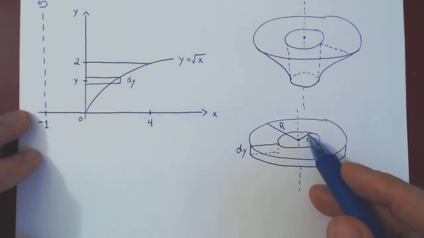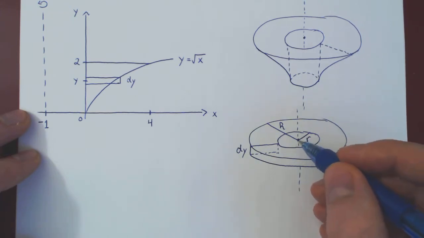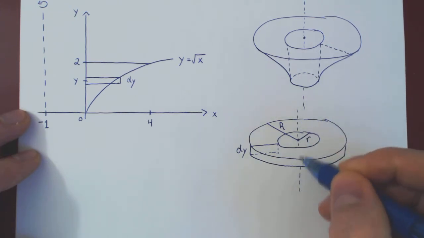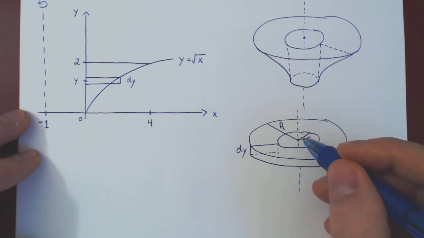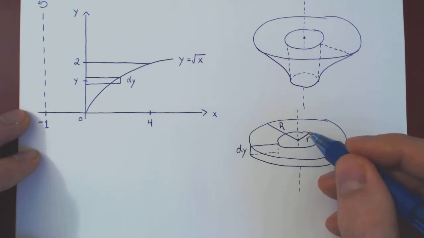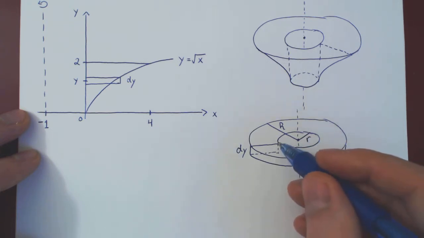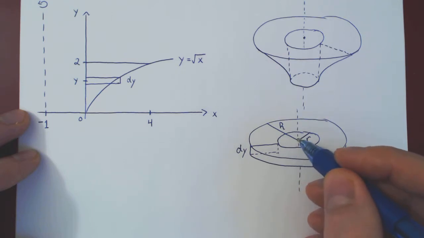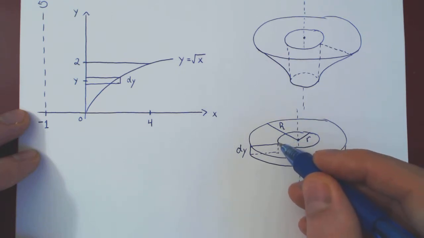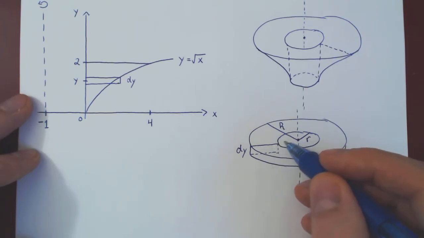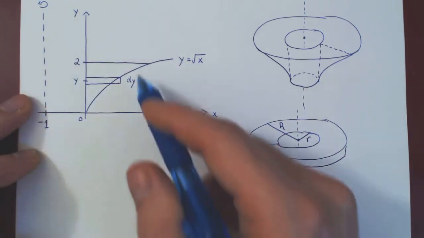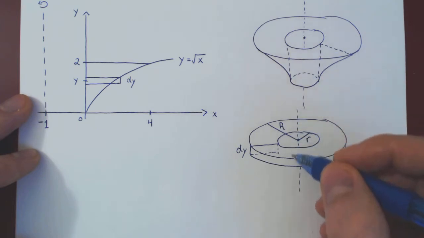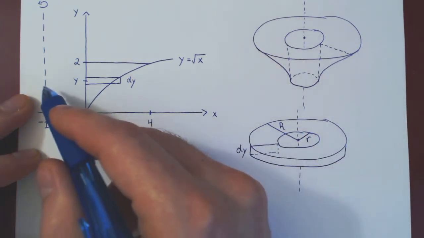Well, let's look at our small radius first. The small radius goes from the center of the washer to this point. But if you look at this section right here, we go from the center of the washer to the first time we touched a rectangle. So we can look at the corresponding length in the xy plane. The center of the washer, of course, is the axis of revolution.